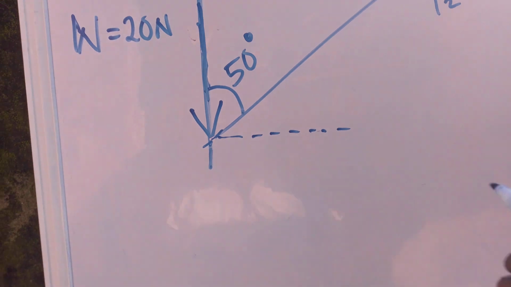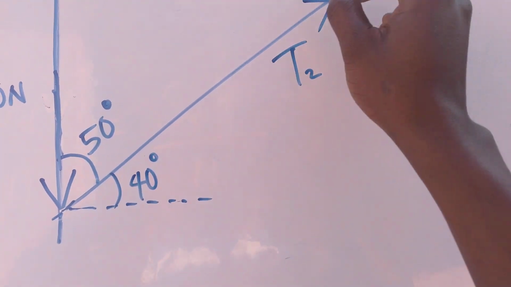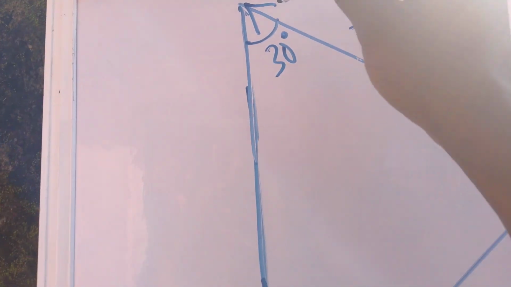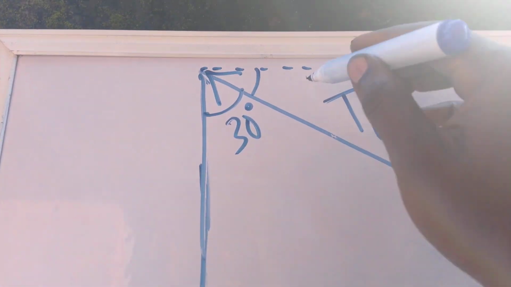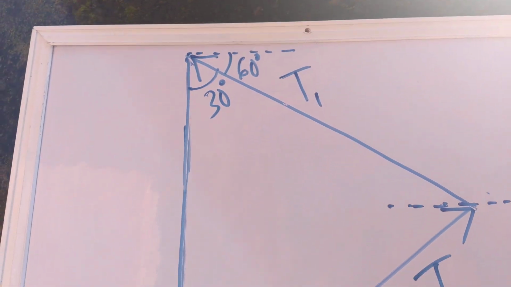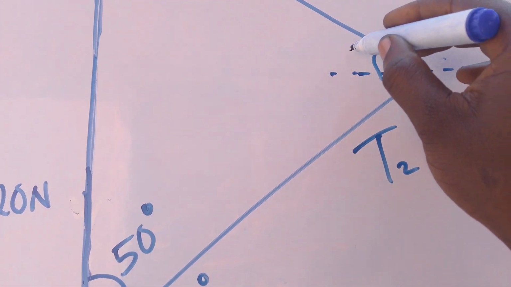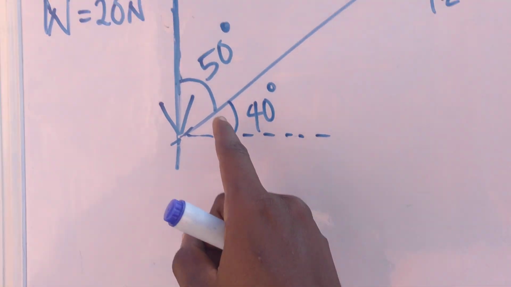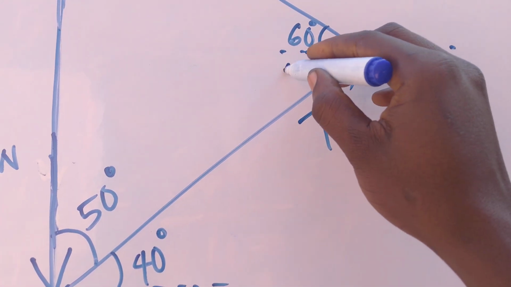This angle outside is 40, and this is 30 degrees. That means this angle here will be 90 minus 30, you have 60. Here is 60 degrees. So this angle will alternate here at 60 degrees, and this 40 degrees will alternate here. Angle 40 will alternate here as 40 degrees as well.